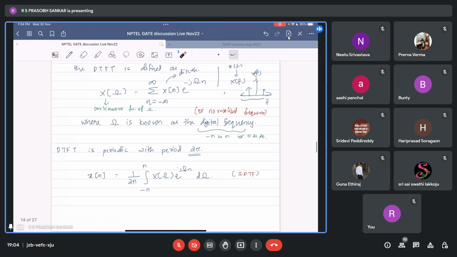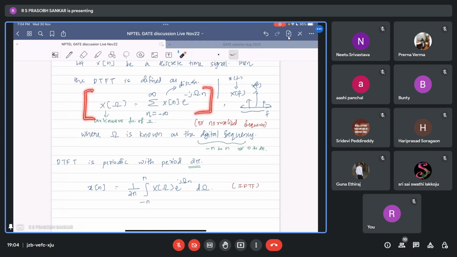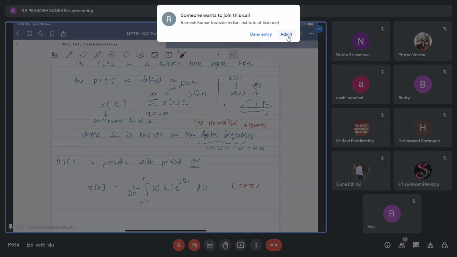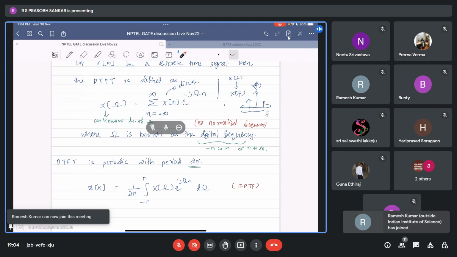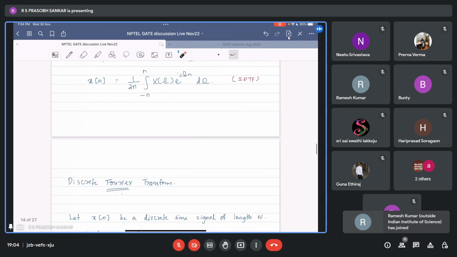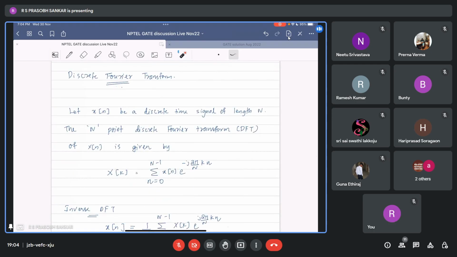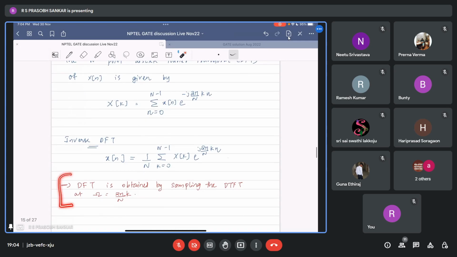If you see the expressions for DTFT and DFT, they are very similar, except that for DTFT omega is continuous, whereas for DFT we sample omega at 2 pi by N k. That is how we get DFT from DTFT. In other words, DFT is obtained by sampling the DTFT at omega equal to 2 pi by N k for k equal to 0, 1 up to N minus 1.